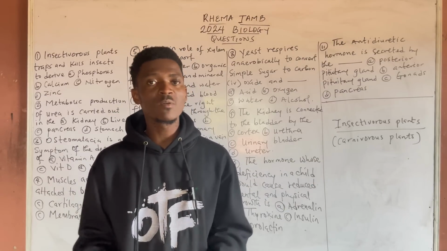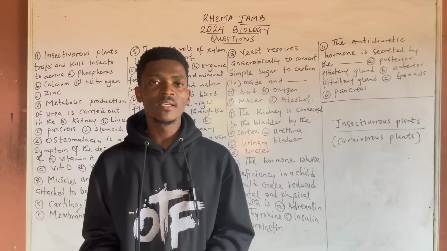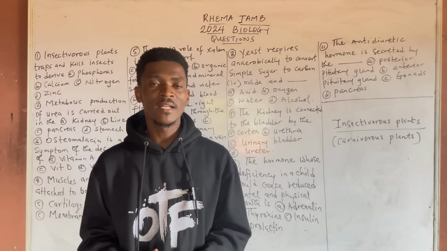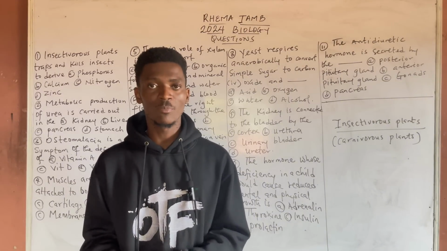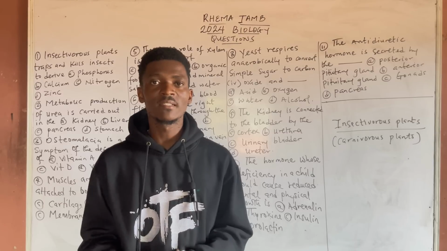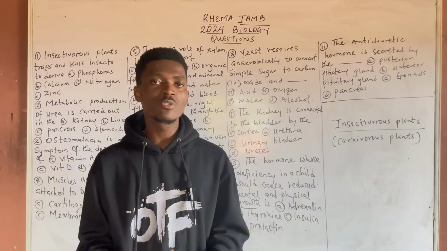Basically, the reason why they feed on insects is because they are found growing on soils that are deficient in nitrogen. And of course, you know that nitrogen is needed for protein synthesis, that is the manufacturing of proteins. Since these plants grow on soils deficient in nitrogen, they will be unable to synthesize proteins.